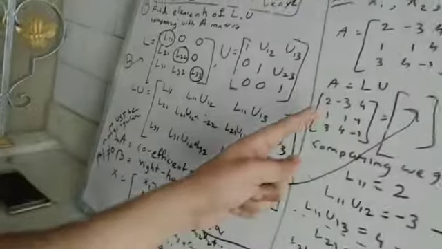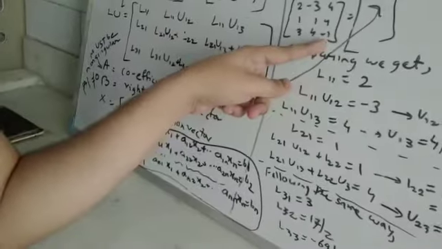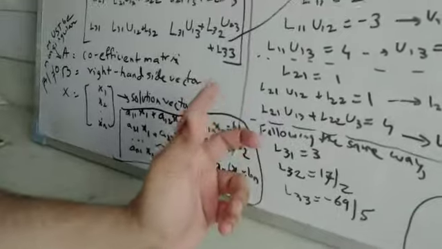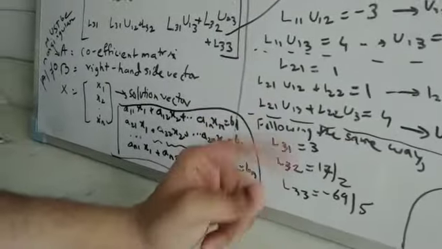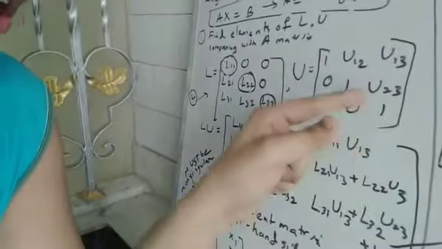So just you need to compare with this. Suppose for this case, what will happen? This one is basically equal to -1, right? So if you compare it, you will get this one. Okay, so just compare and find each solution, and you will get the values of L11, L21, L22, L31, L32, U12, U13, U23.